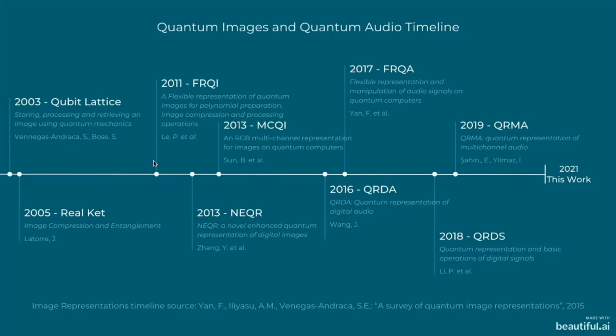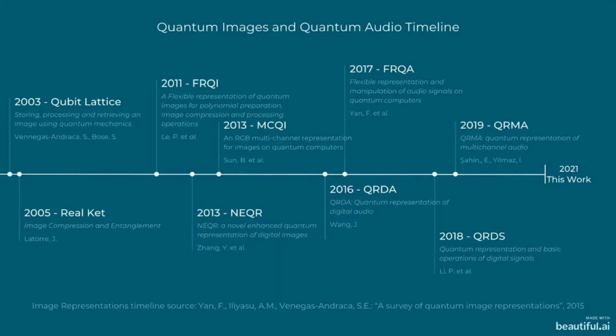Of course, there were some people trying to load audio files, but nobody really tried to formalize that and put it in a paper. That happened for the first time in 2016, just a few years ago, and then it evolved from then. So we are now currently in the quantum audio explosion, or maybe the quantum audio golden era.